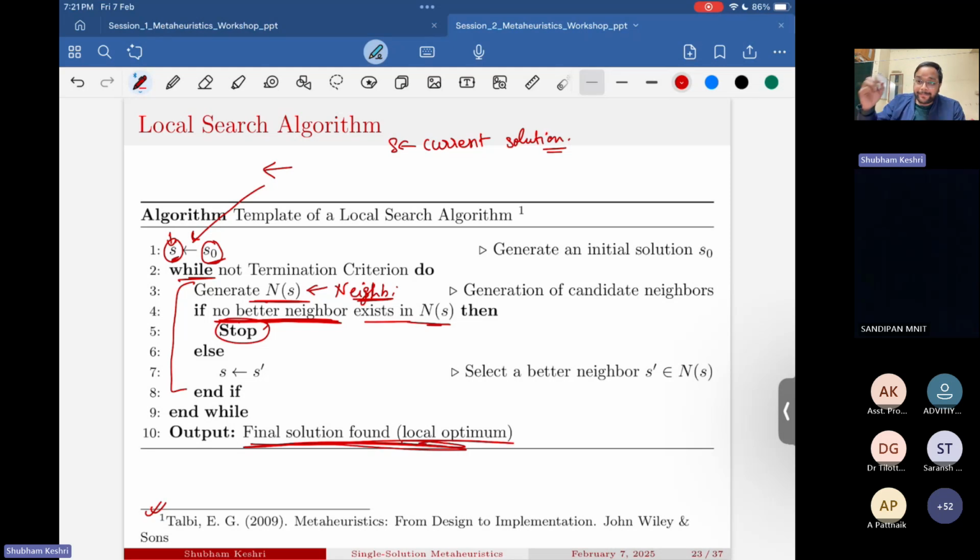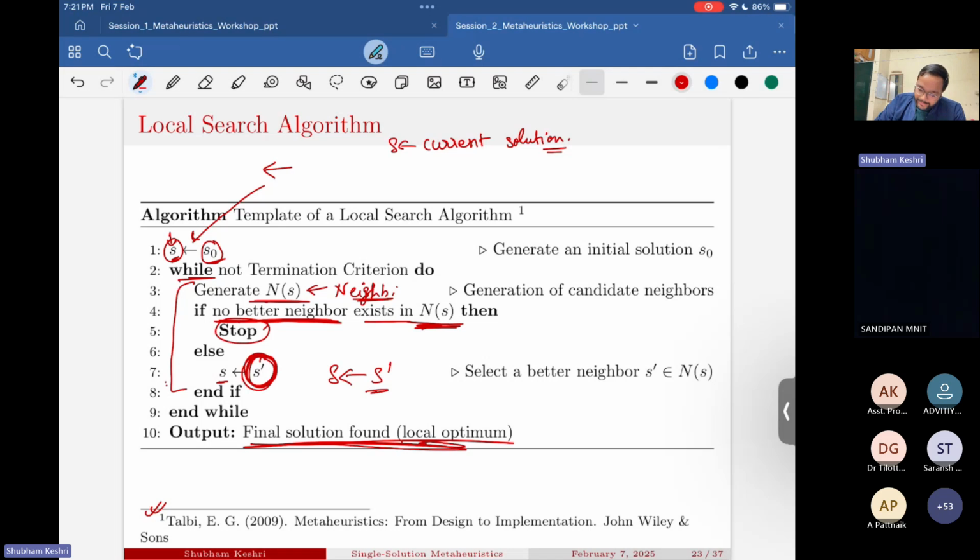If there is a solution S dashed in the neighborhood N of S which is better than S, then move to that neighbor. That is, S will be replaced from whatever it was to S dashed. We replace whatever was in S with this new solution S dashed.